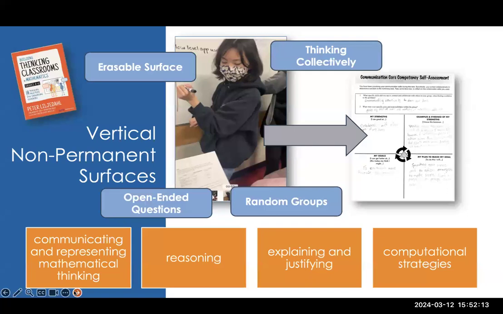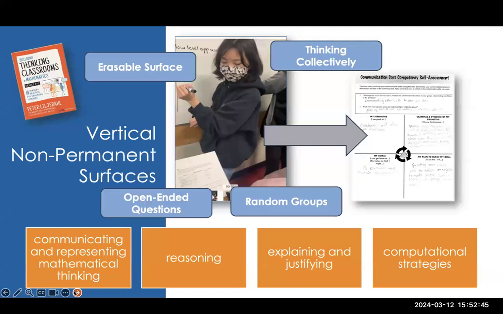And so on the right-hand side, you'll see that it's also a great opportunity to invite students to reflect on a core competency. And in this case, it was around communication and collaboration. The book that's in the top left-hand corner of the screen is Building Thinking Classrooms by Peter Liljedahl. And so he offers one structure around how to use vertical non-permanent surfaces.